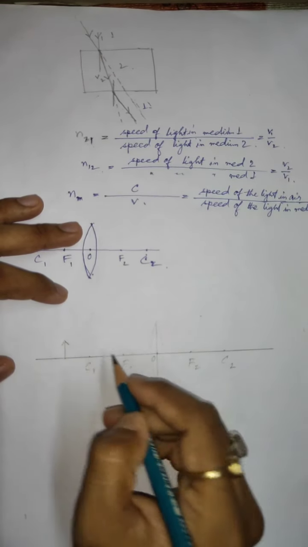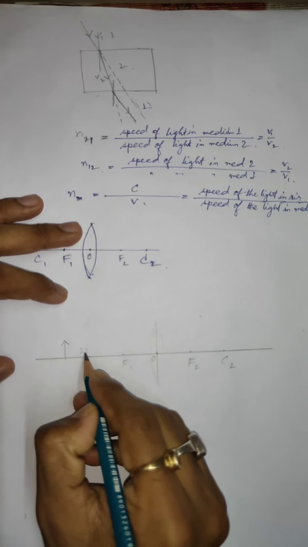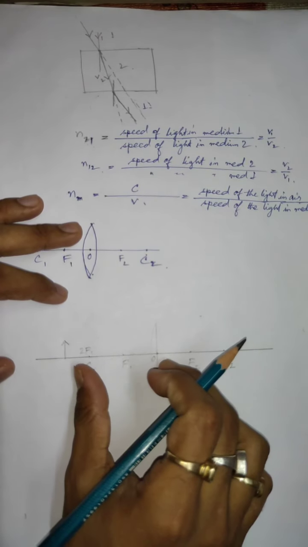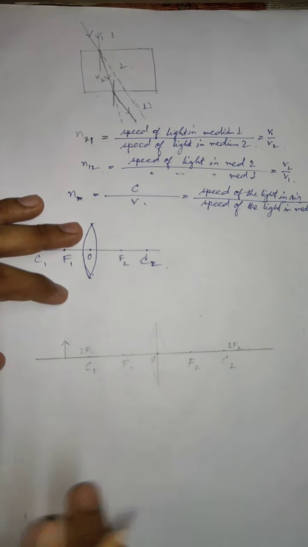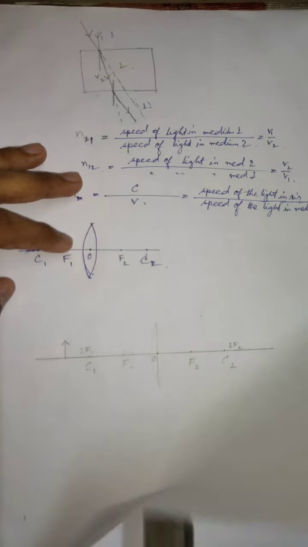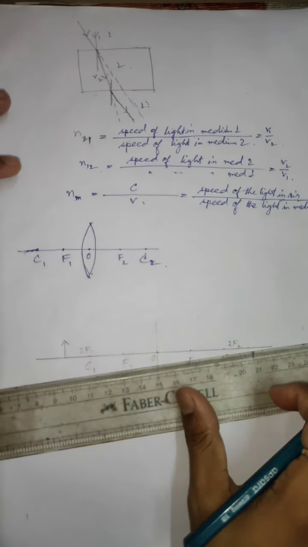Sometimes these centers are also called 2F1 and 2F2 because they are double the focal length. Anyway, now we shall show the ray diagram.